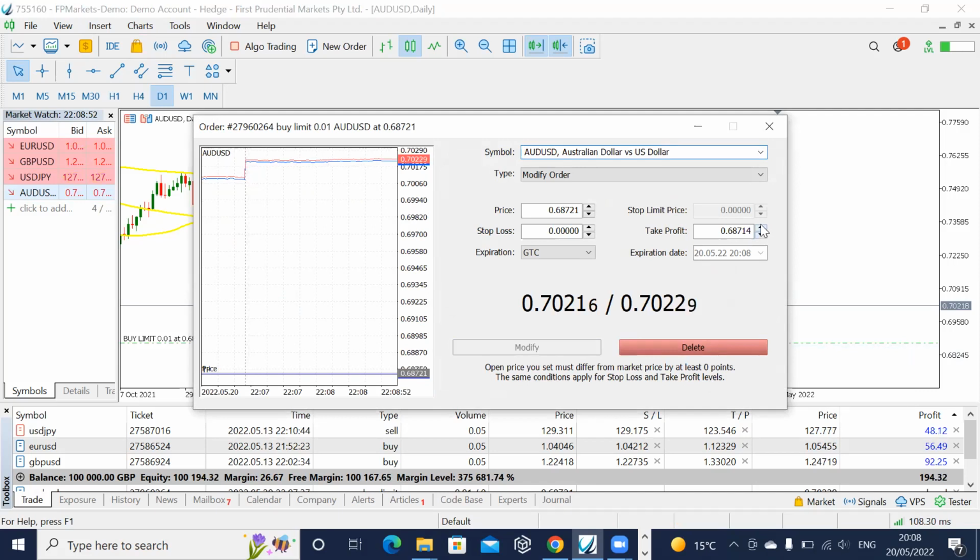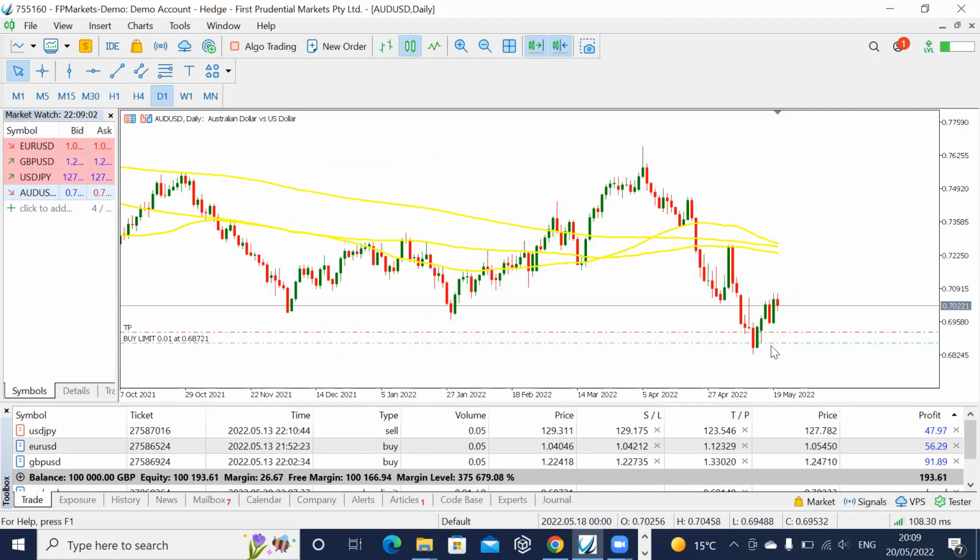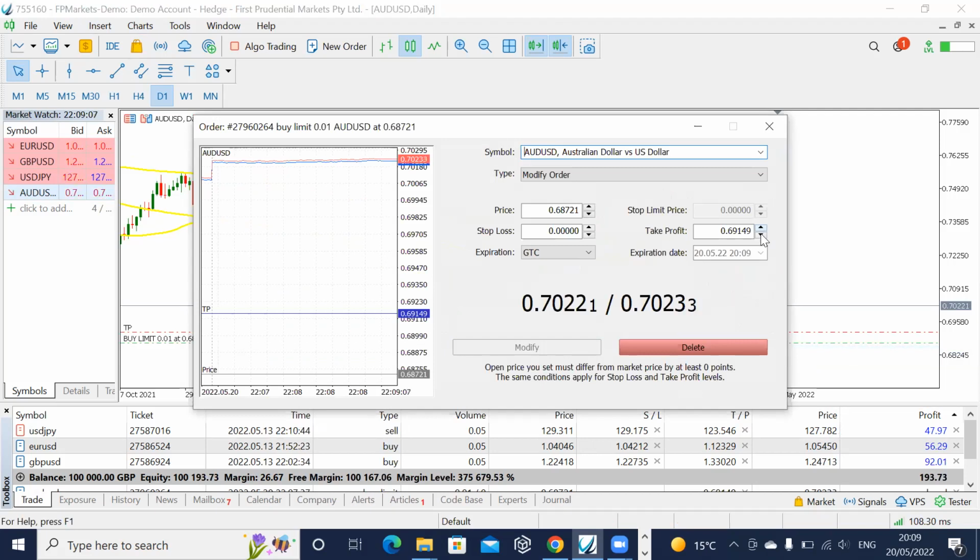I'm not sure why it's not allowing me to put it. Oh, sorry, I was pressing on the wrong one. I was clicking on take profit, and my stop loss is over there. So there's my stop loss.